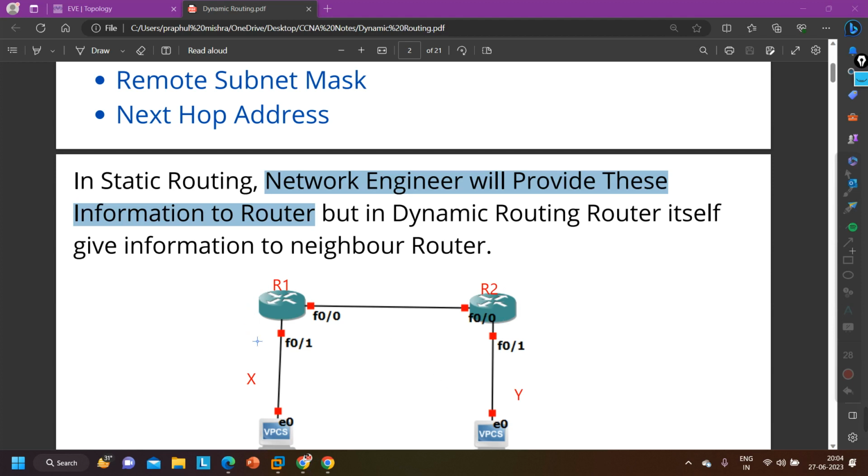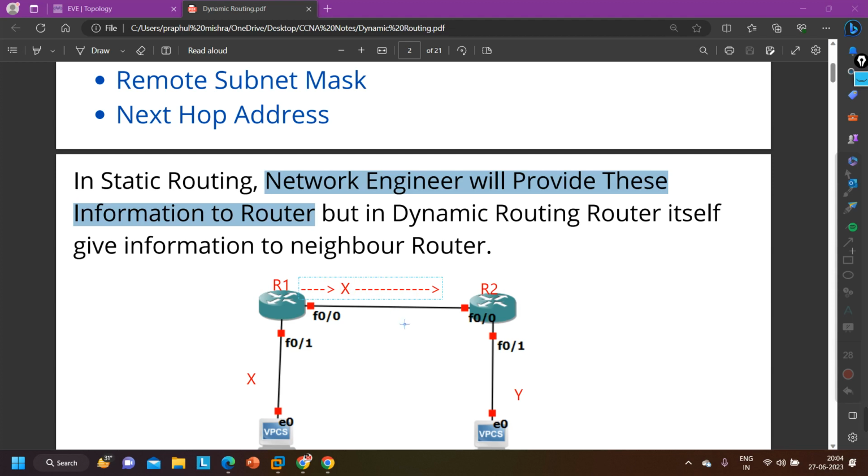So in static routing, manually you tell router 1 that for Y network your exit interface will be F0/0. In dynamic routing, router 1 will share the information with its neighbor, router 2. It will say that I have one network, X network, and this is how router 2 will get to know about X network.